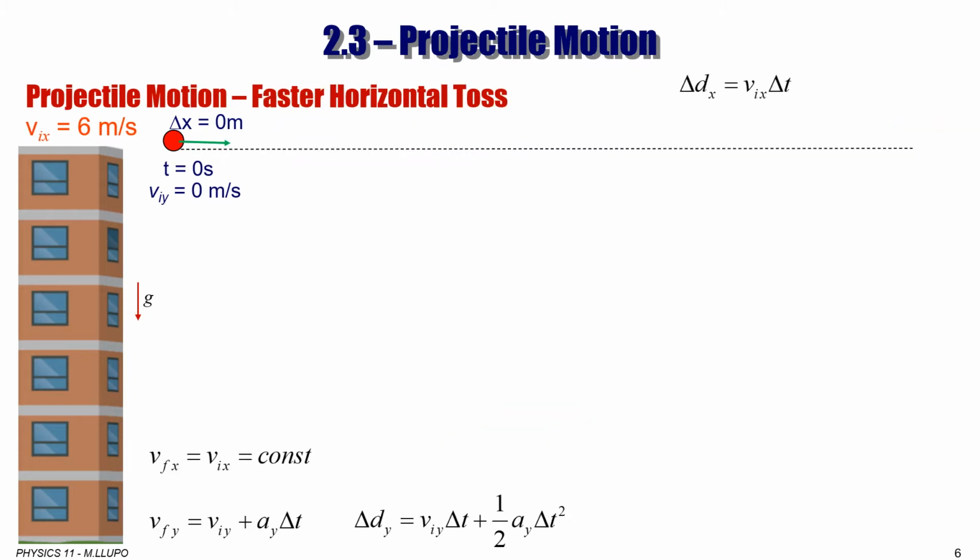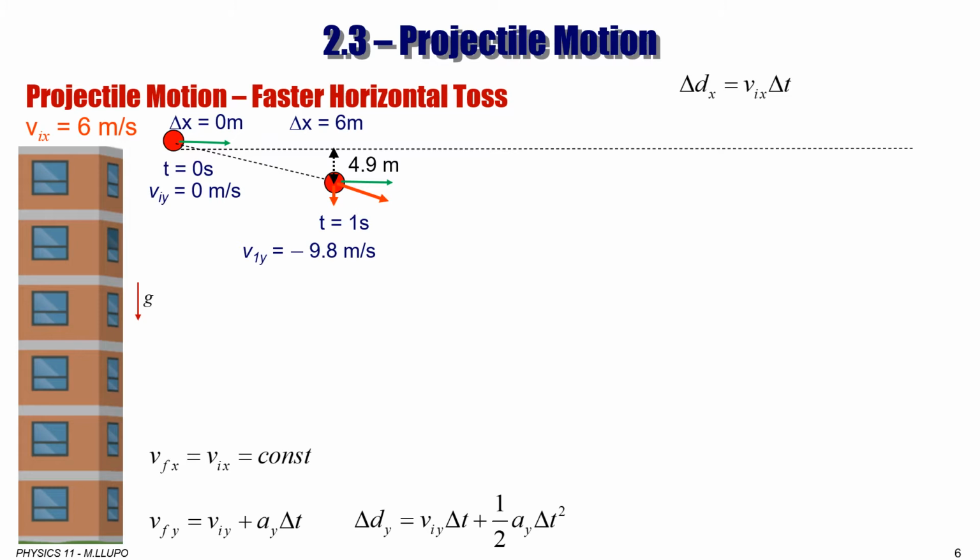Now we are going to see the projectile motion with a faster horizontal motion. It was 4 meters per second, now it's 6. And let's see how that motion will look like. After 1 second, it's going to be 6 meters because 6 times 1 second is 6.